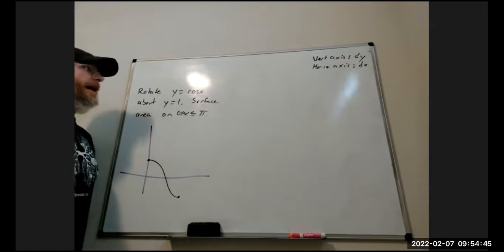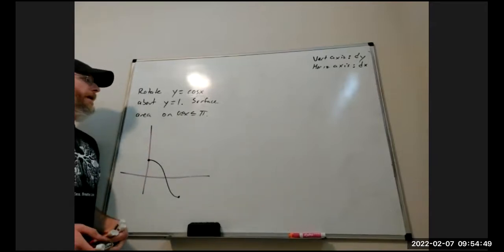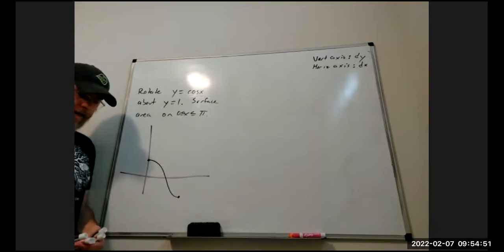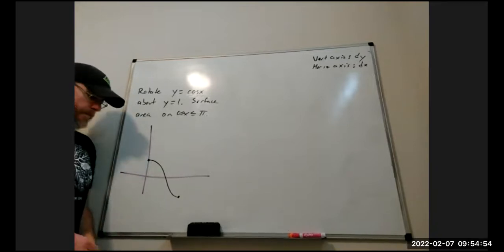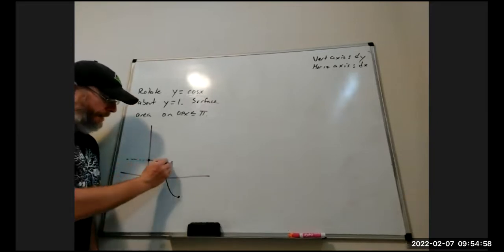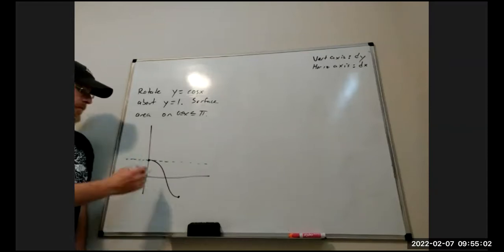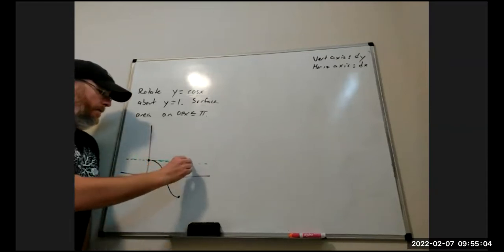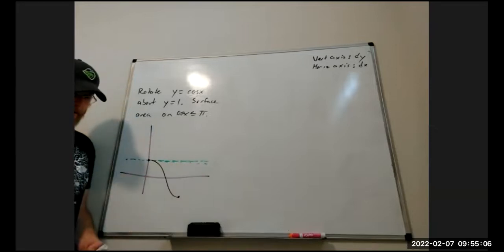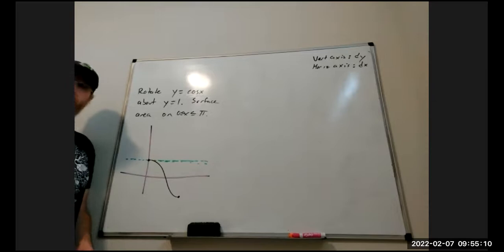Okay, so there's our graph of cosine. And we're going to rotate it about y equals 1. And y equals 1 is right here.